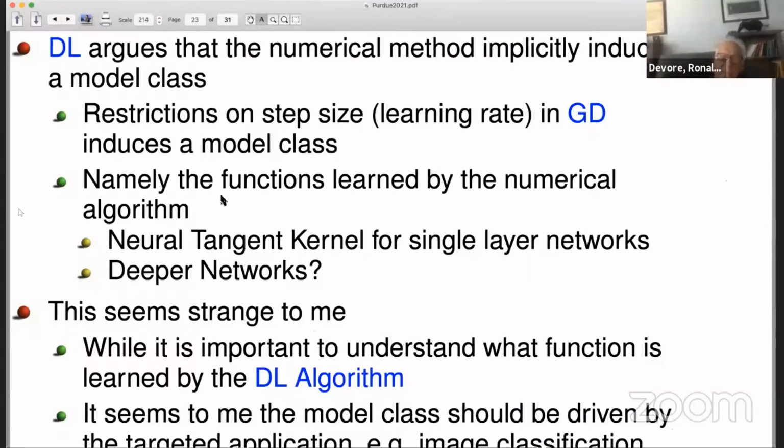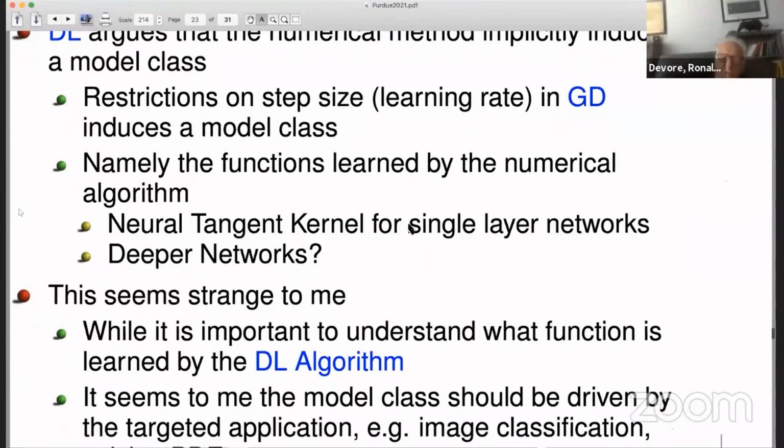And there are attempts to explain what that function is. You're probably familiar with neural tangent kernels for single layer networks, and people are trying to understand what is happening in deeper networks. So their view is that we have a good algorithm. It wasn't that we started with a problem where we knew the model class, and now we'll create an algorithm depending on the model class.